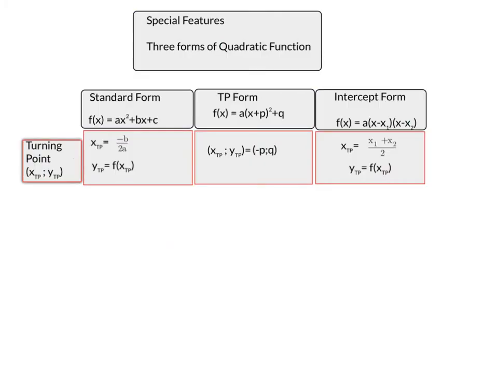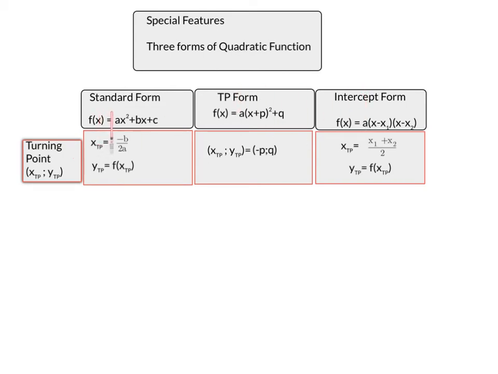Now come to the turning point form of the parabola. I discussed shape and intercepts, now the turning point. I'm talking only about the parabola here, the three forms of a quadratic function: standard form, turning point form, and intercept form.